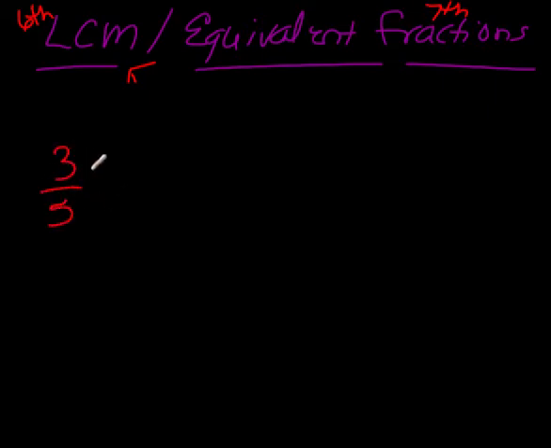If I want to create an equivalent fraction, I need to either multiply the numerator and denominator by the same number, or divide the numerator and denominator by the same number. In this case, I'm going to multiply by the same number. I'm going to multiply this one by 3 and that one by 3, and what I get is 9/15. So I know that 3/5 is the same as 9/15.